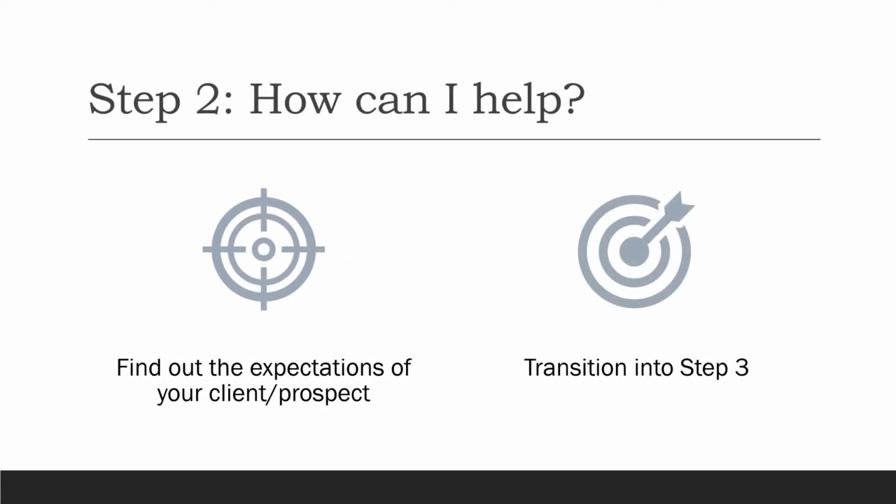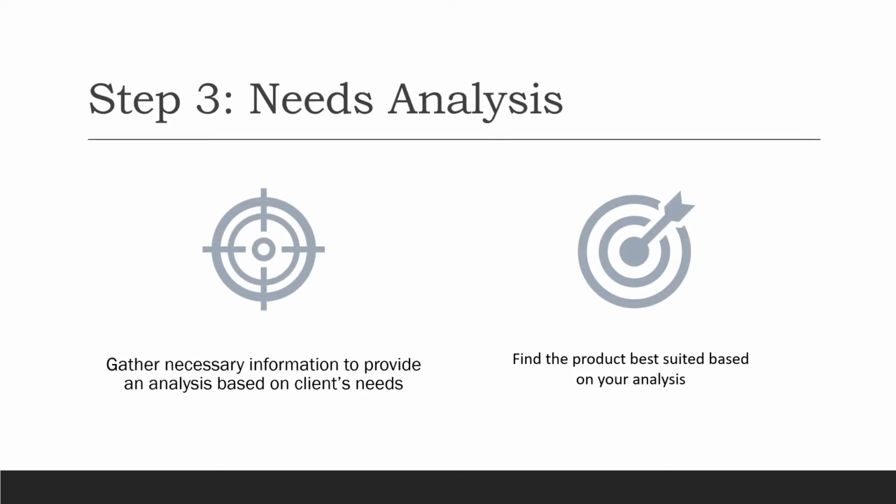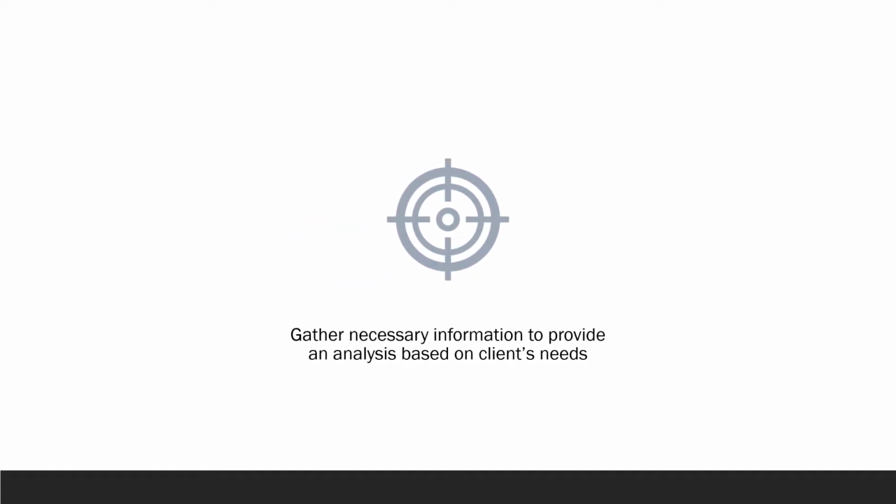And then next is to help you transition into step 3. And this is where most of the work comes in. Step 3 is a needs analysis. In the needs analysis, you're going to have to gather the necessary information and perform an analysis.